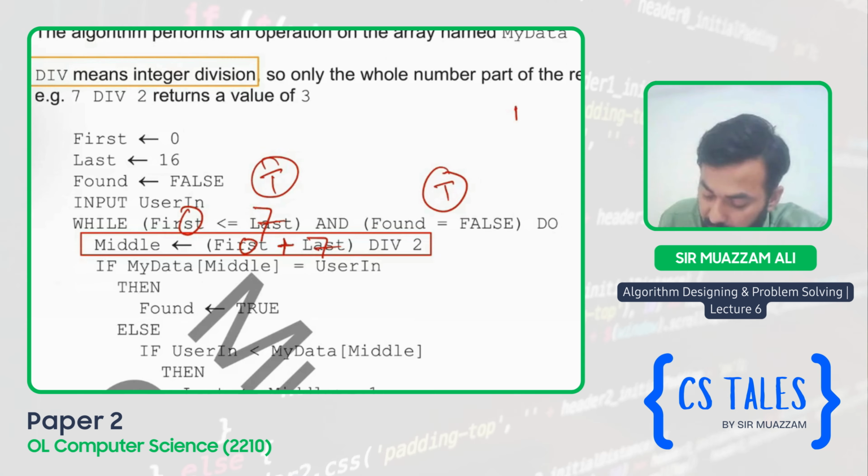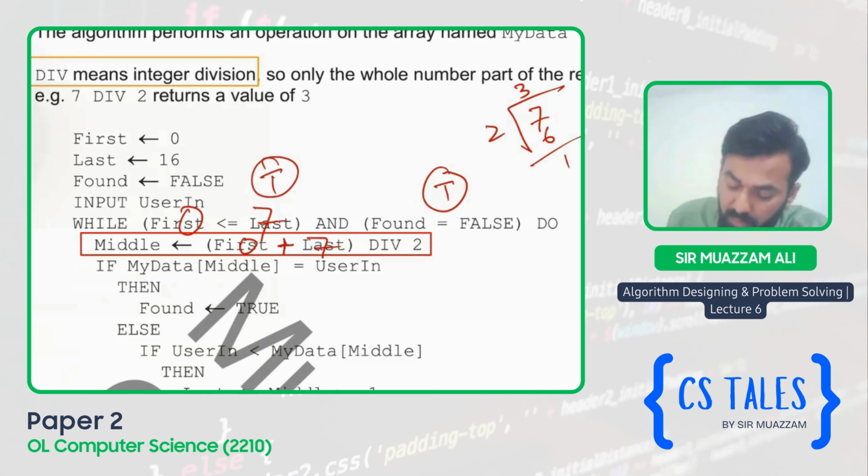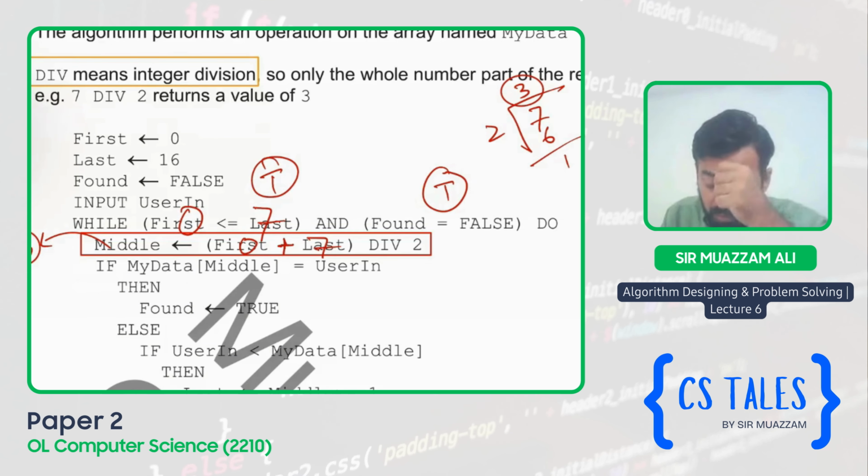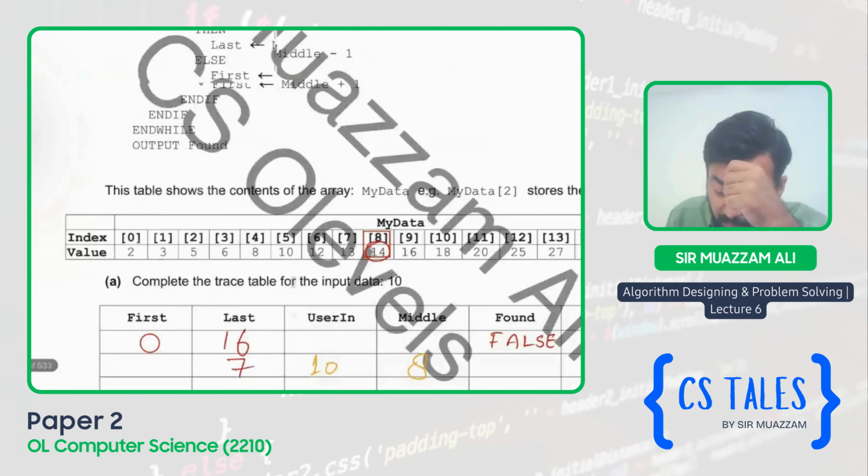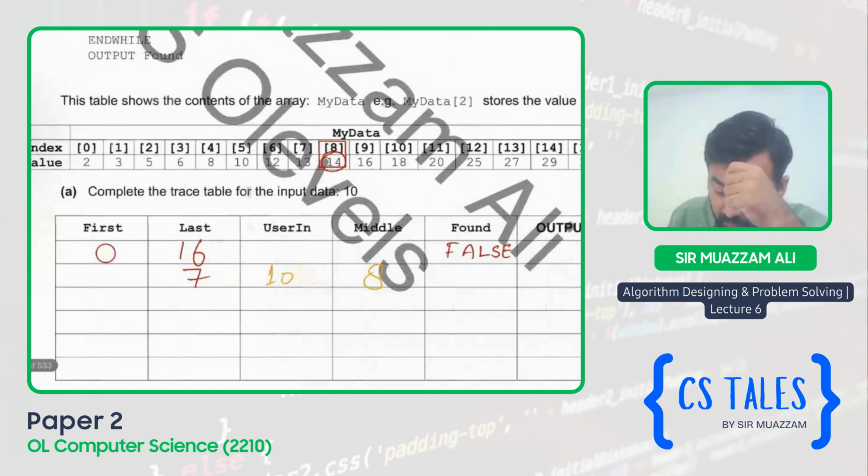So 7 div 2: 2 times 3 is 6, remainder 1. So in this div you are having 3. So 3 will be stored in the middle. You have to write down in the middle: 3.